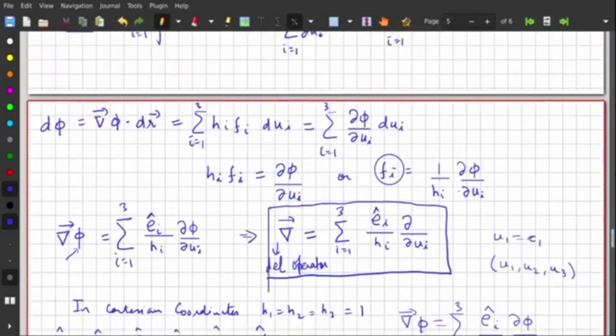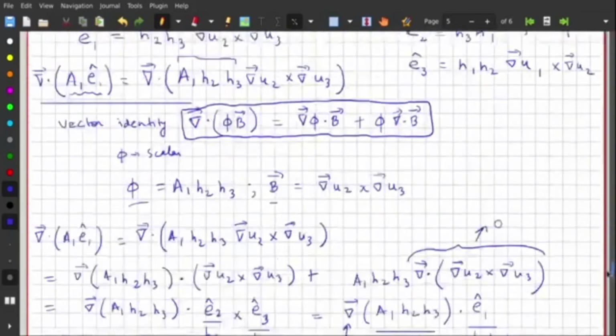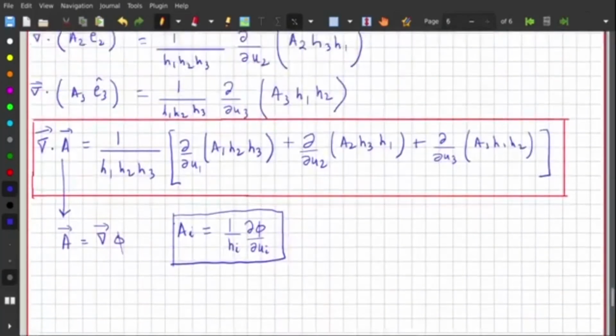In this expression, instead of F we have 1 over h_i. So if we substitute A equal to grad phi, the left-hand side becomes the divergence of the gradient of phi, which is the Laplacian operator, del squared phi.